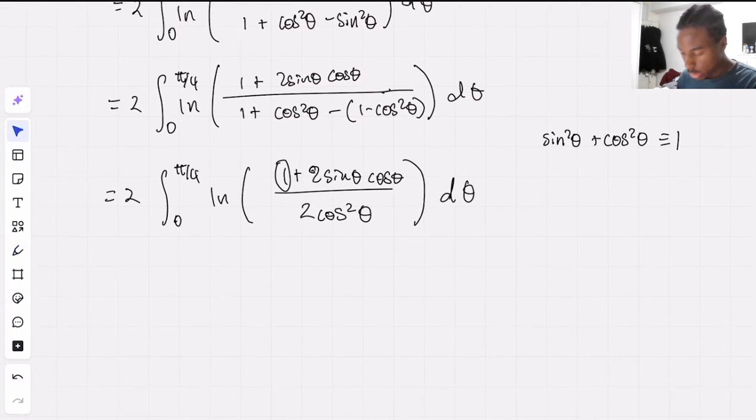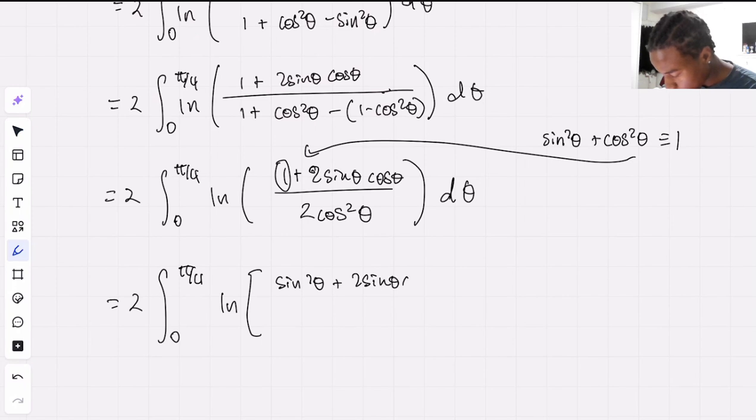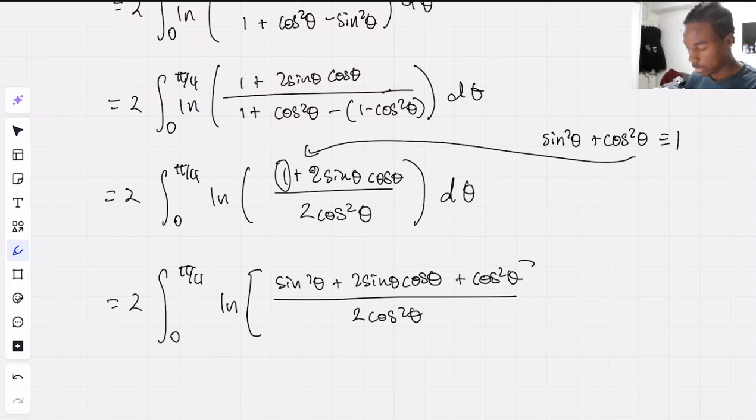If I substitute that into here, I now have 2 times the integral from 0 to pi over 4 of the natural log of sine squared beta plus 2 sine beta cos beta plus cos squared beta over 2 cos squared beta d theta.